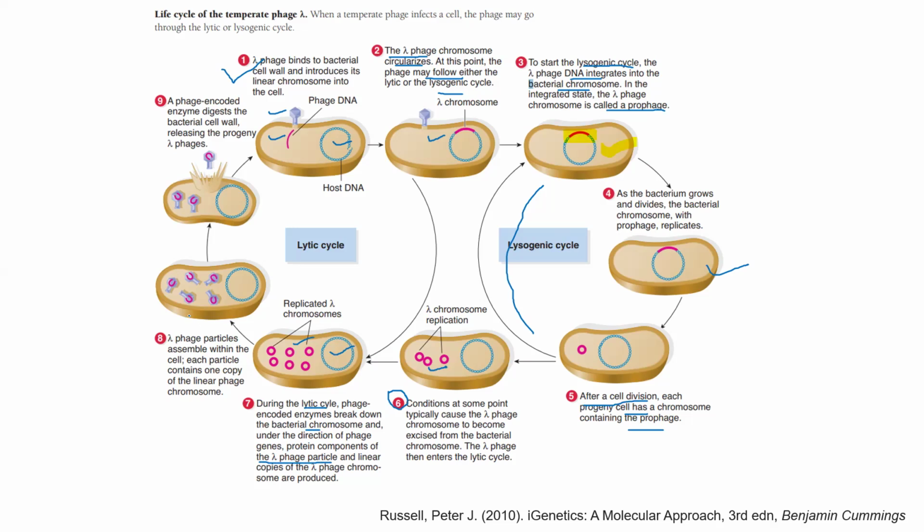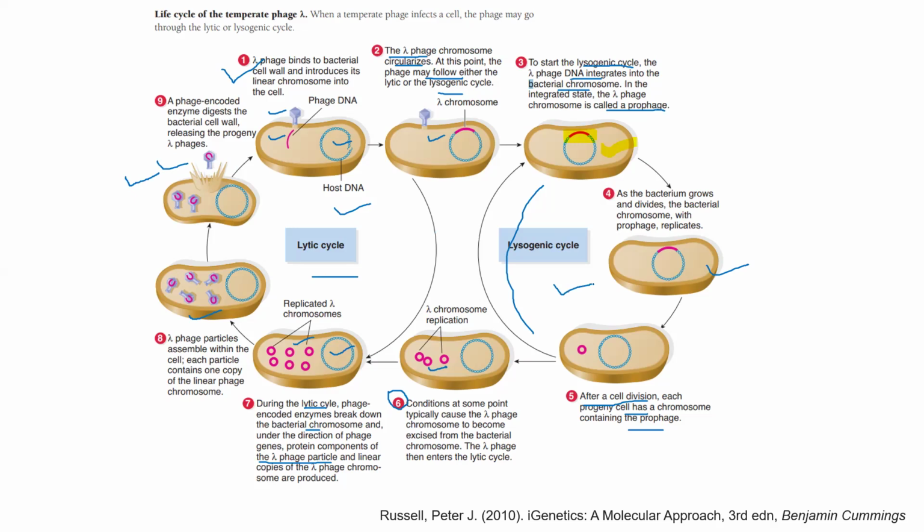Lambda phage particles assemble with each particle containing one copy of the linear phage chromosome, and then a phage encoded enzyme digests the bacterial cell wall, releasing the progeny lambda phages. This is the lytic cycle. In the lytic cycle, a temperate phage kills its host cell, as you have seen in this step. And in the lysogenic cycle, it doesn't kill, it just integrates into the host genome and replicates along with the host genome.